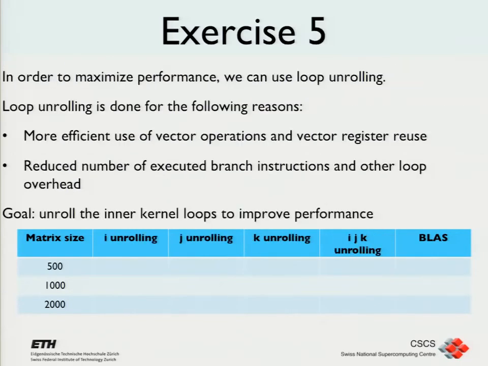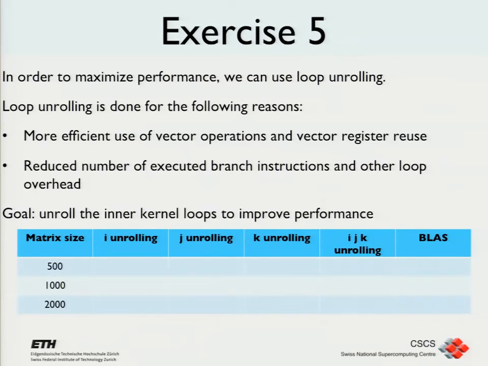And the last step will be unrolling. So this consists of unrolling the inside loops, the inside kernel. So that's where the performance increase will come from now on. Since everything is blocked and in cache, you should get maximum performance in your inner kernel.